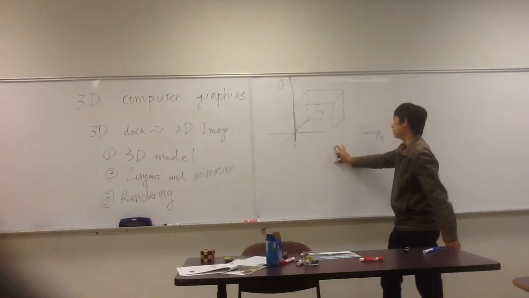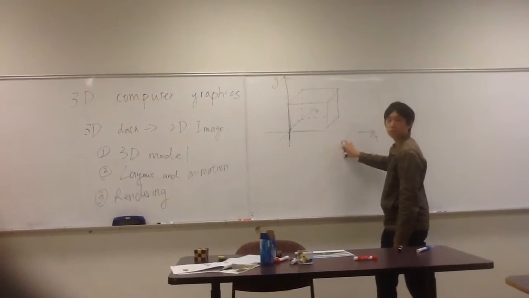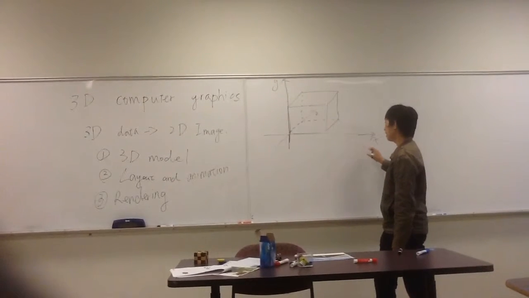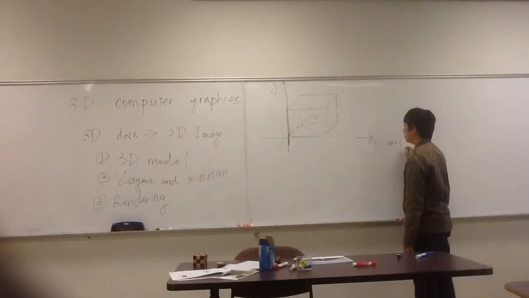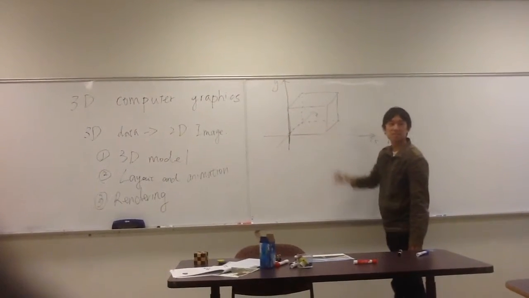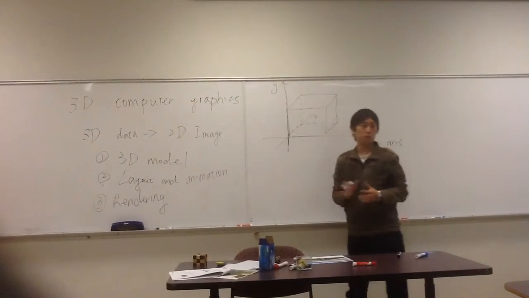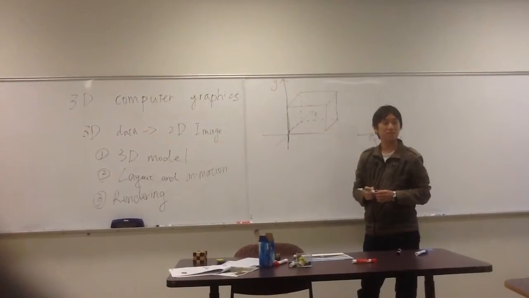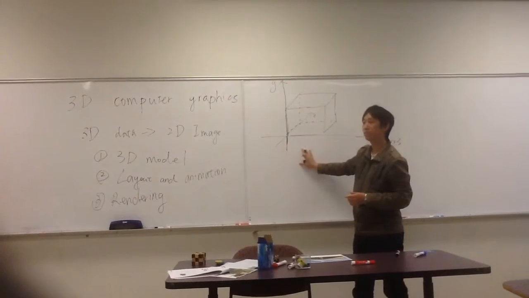Usually we call it a 3D coordinate system. And in the 3D world, we have three axes: the x-axis, y-axis, and z-axis. Usually for this cube, how many points or vertices do we have? How many vertices do we have in this cube?